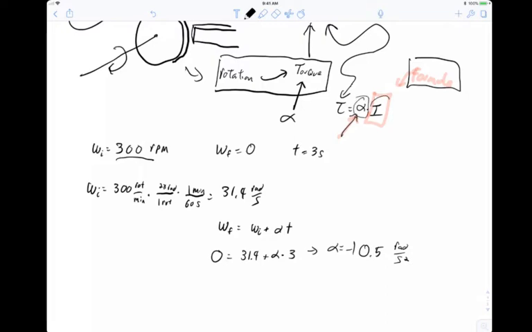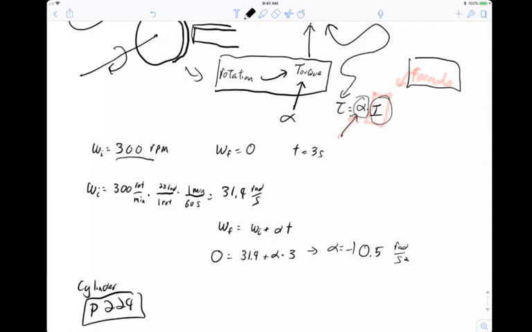I need to use the clues to figure out what the moment of inertia is. How do I do that? I have a formula. It says cylinder. It's on page 224. It's worth looking at this table and learning how to use it.